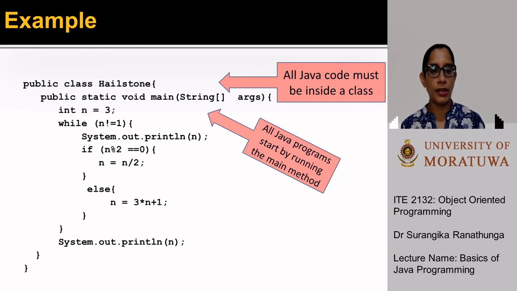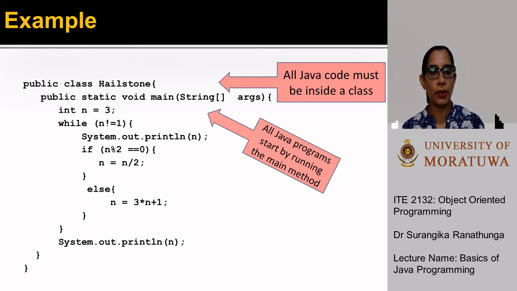This is very important because the public static void main method is the place where the Java runtime environment hooks into your program. In other words, the Java runtime environment will start executing your program by executing this public static void main.